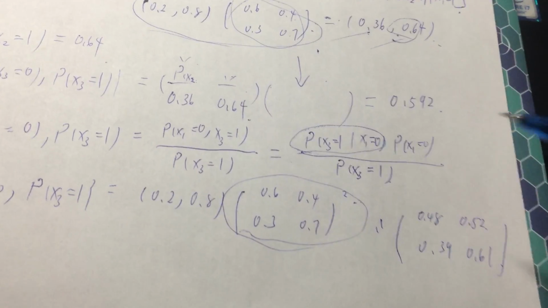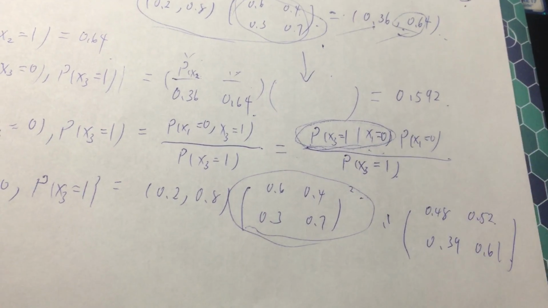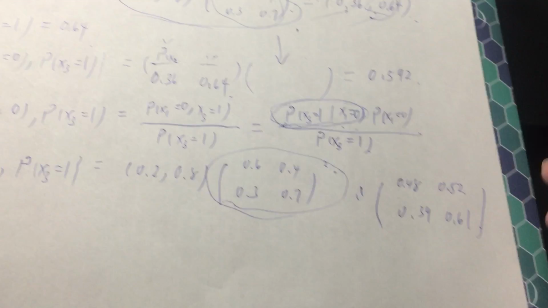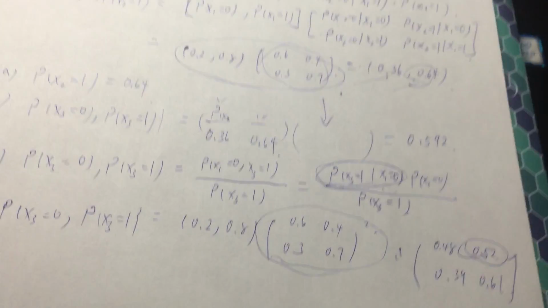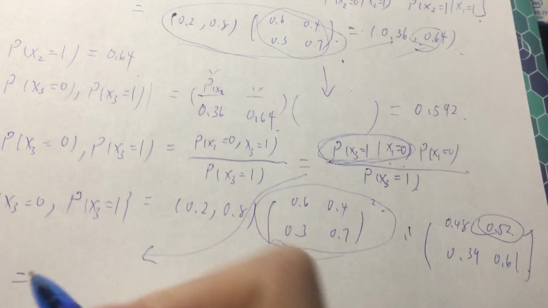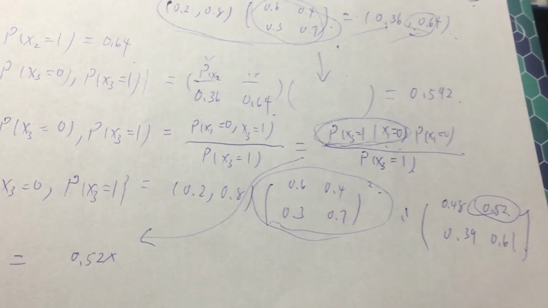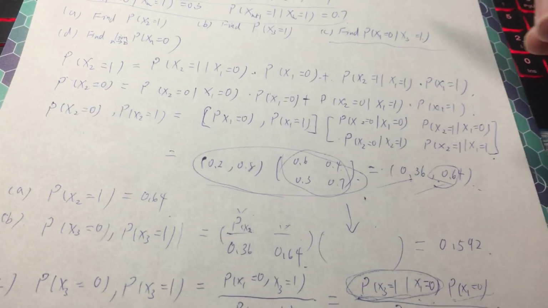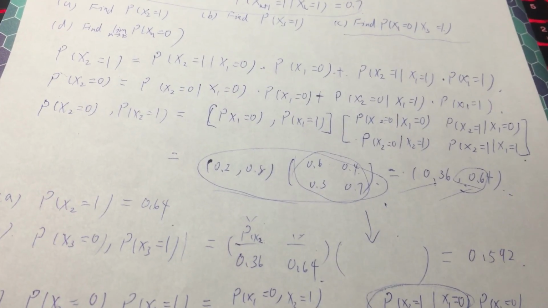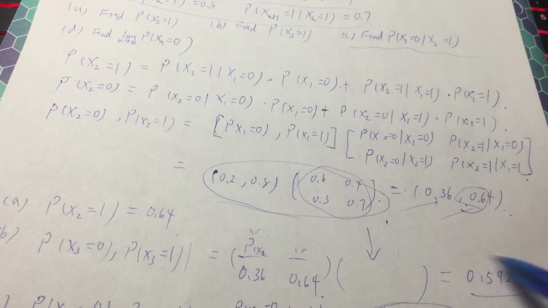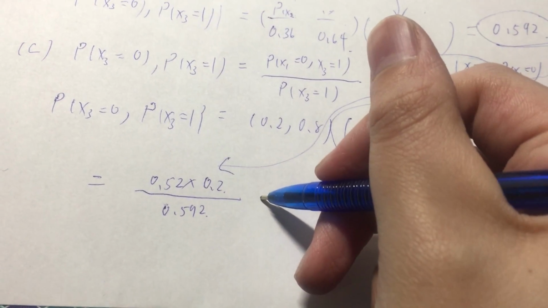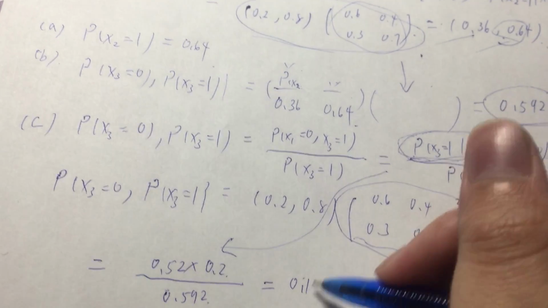What we need is P(x3 = 1 | x1 = 0), which equals 0.552. So the consequence is 0.552 times P(x1 = 0), which is 0.2, over 0.592, and so the result is 0.176.